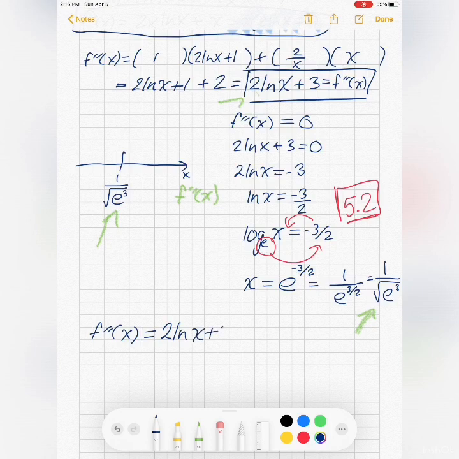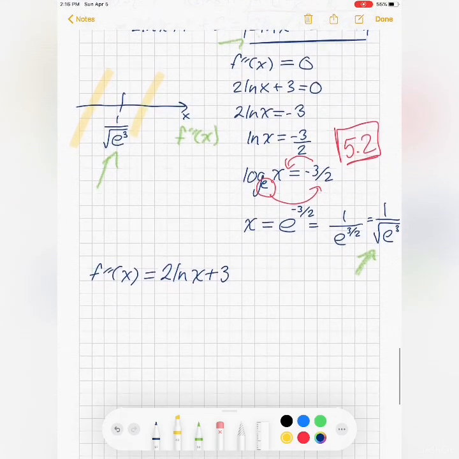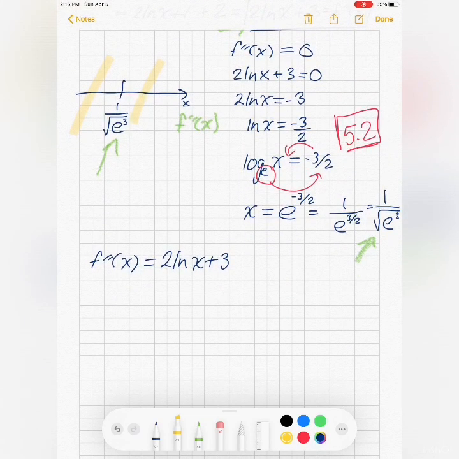What's one way to figure out whether that guy's going to be positive or negative on the left and right side here? It's a little bit hard to figure out what the value of 1 over square root of e cubed is without a calculator. So I'm thinking if I could figure this out without actually plugging values in. What does ln of x look like if I was to graph it? It looks like this, doesn't it?